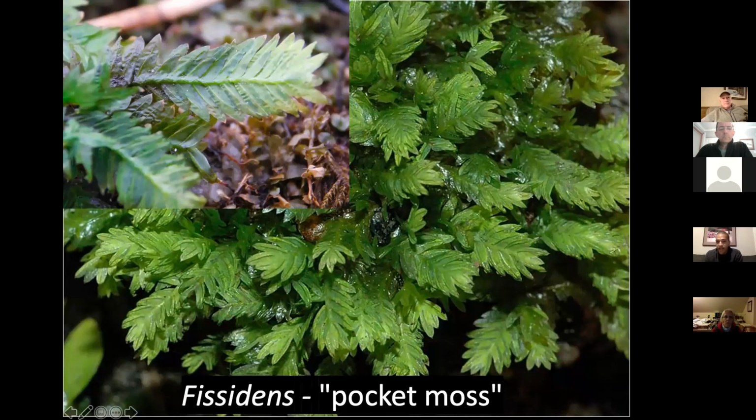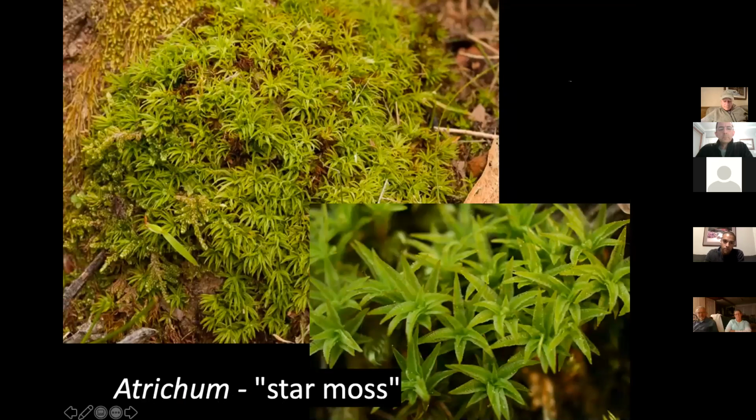Fissidens, this one's very common in wet areas with a very distinctive shape of these two rows of overlapping leaves that form this fan-like pattern. Atrichum is one that's common on disturbed soil like trail sides, and I often see it on overturned tree roots. It's pretty close to the ground, with an almost palm tree or bromeliad-like growth pattern to it.